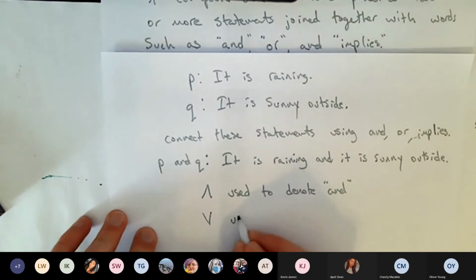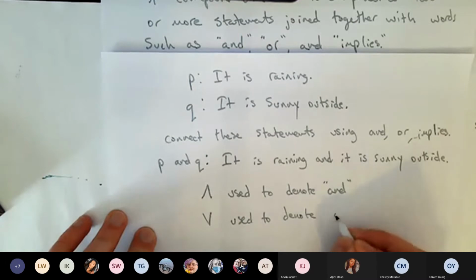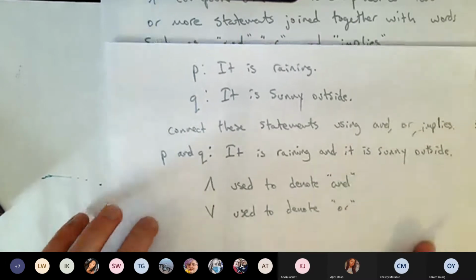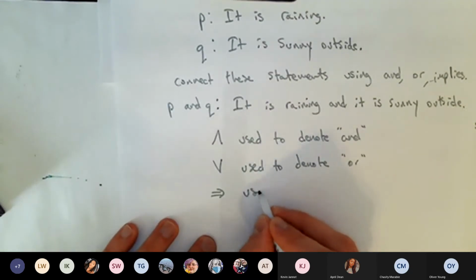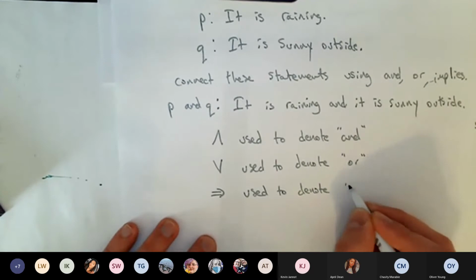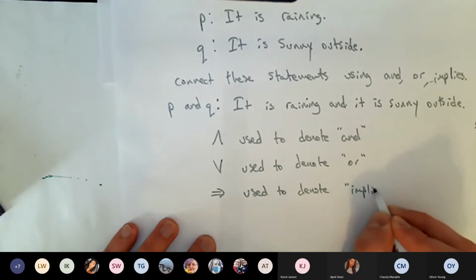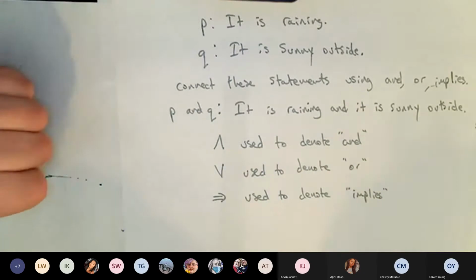The capital V looking thing is used to denote the word or. And the double-sided arrow is used to denote implies.